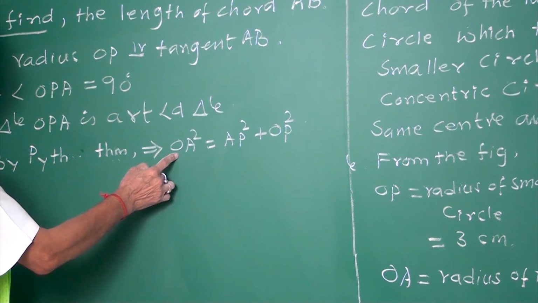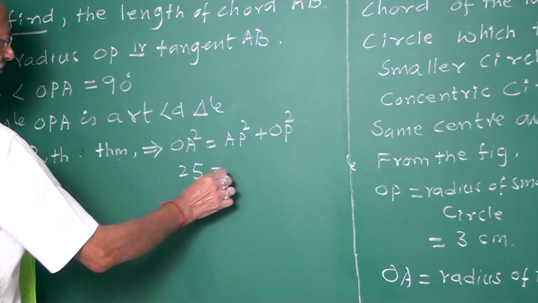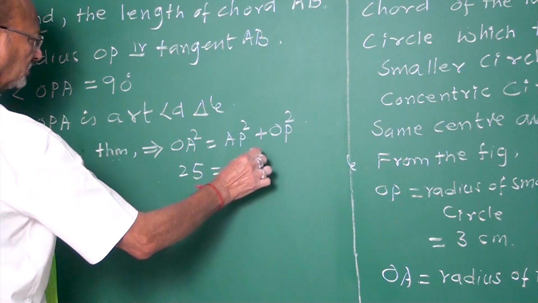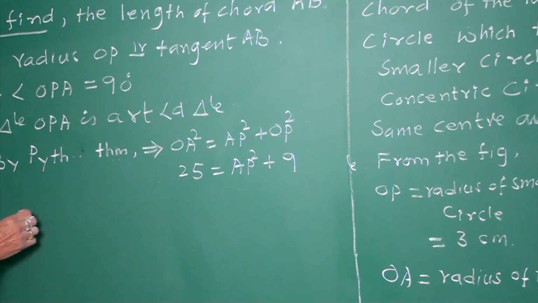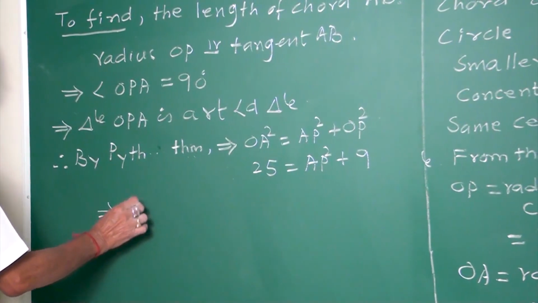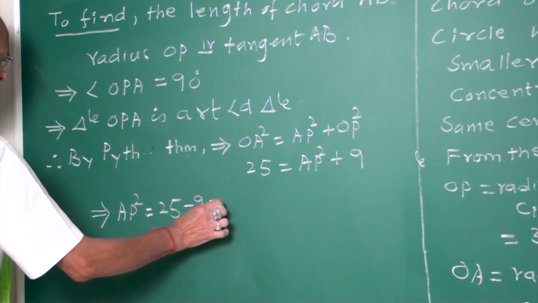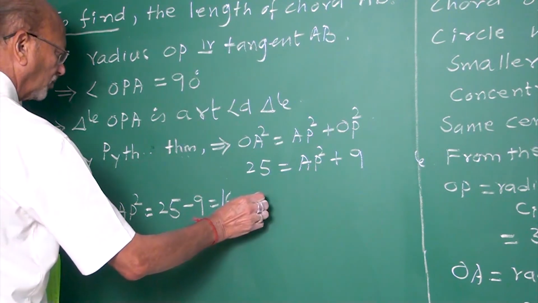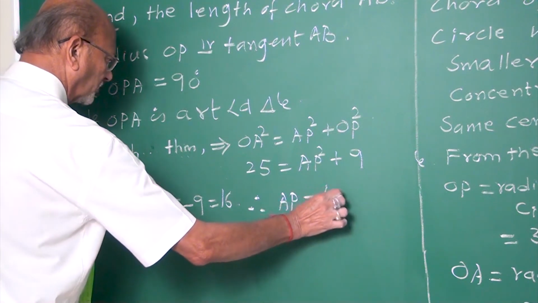What is OA square? It is 25. This is AP square. OP square is 3 square, 9. From this, AP square equal to 25 minus 9, which is 16. Therefore, what is AP? AP is 4.